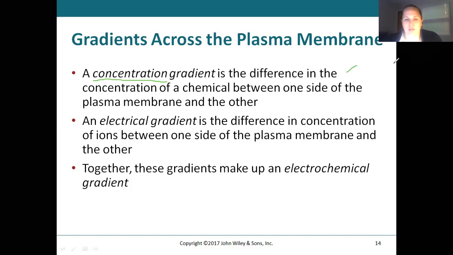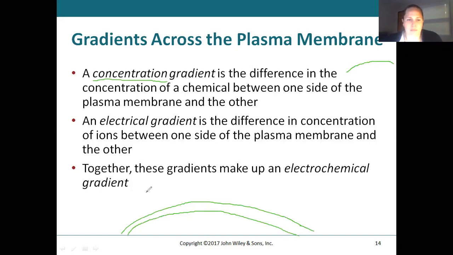I'm going to draw it down here. If we have the plasma membrane, and we're talking about a difference in concentration, probably the easiest example would be sodium ions. Especially for nerve cells, there are a lot of sodium ions outside the cell. We'll write Na+, that's what the plus means.